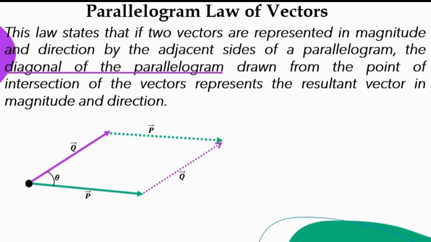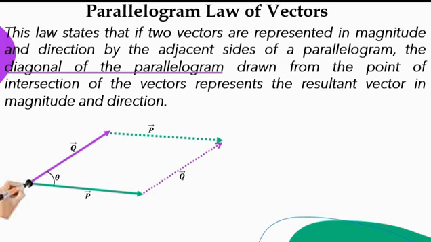There are two ways of getting a diagonal in this case. We can have a diagonal drawn from this point. But if we go by this, we are going to be wrong, because the law states that the diagonal must be drawn from the point of intersection of the two vectors. Now, where is the point of intersection of the two vectors as they act together originally? This is the point of intersection.